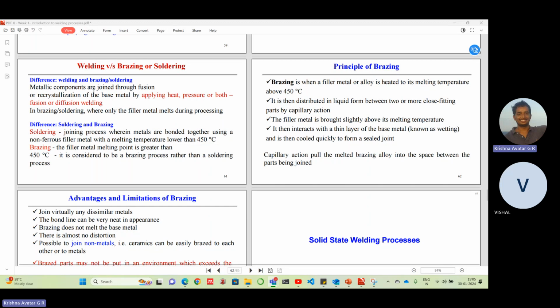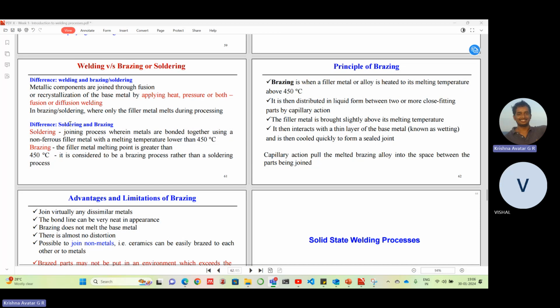So the difference between welding, brazing, or soldering is that in welding the metal components will be joined through fusion, which means that both the filler material and the base material at the point of welding have to be molten. Or through the recrystallization of the base material by applying heat, pressure, or both. In brazing or soldering, it's only the filler material which melts during the processing.